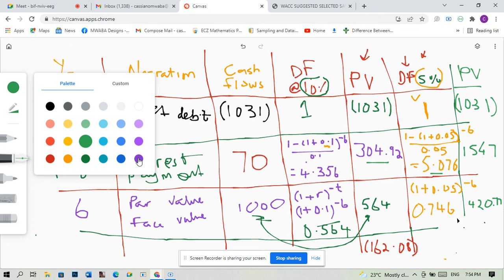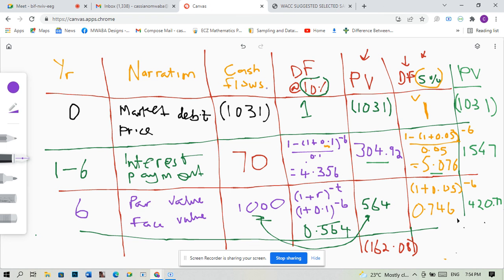Oh, just hold on one bit. Sorry, I made a mistake. It's the cash flows which are multiplied by the discount factors, because present value is cash flow times discount factor. We don't multiply the present values by the discount factors here.